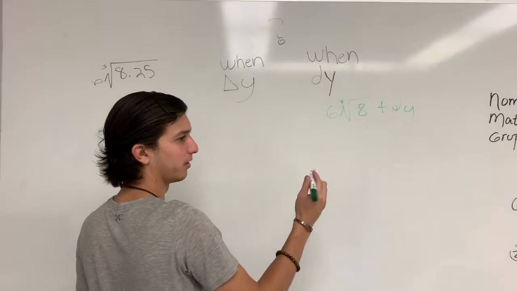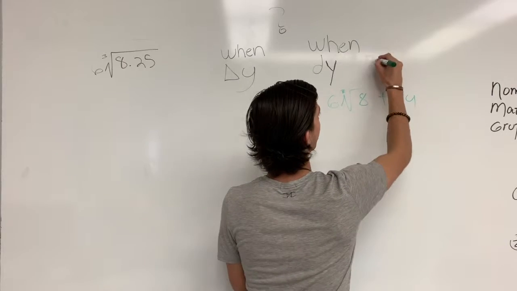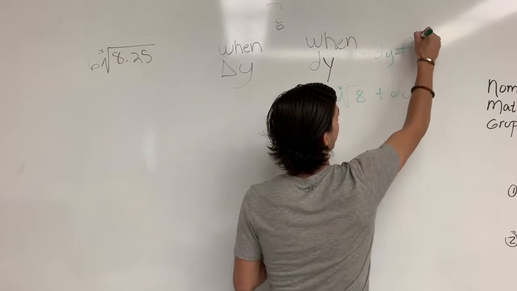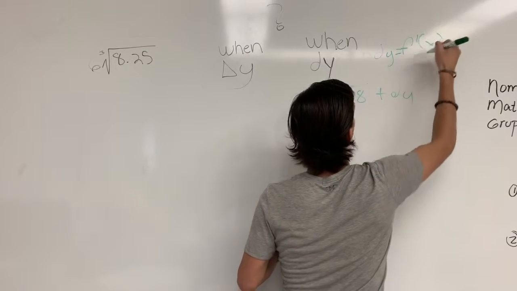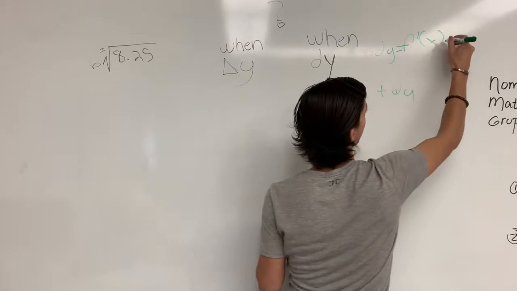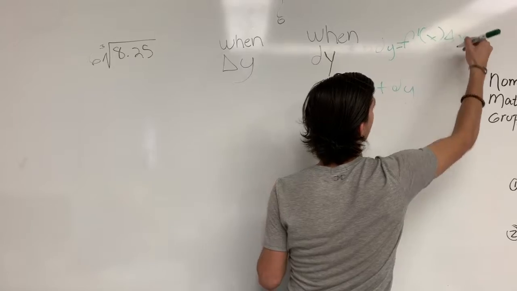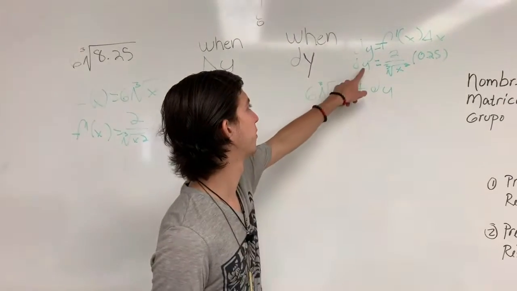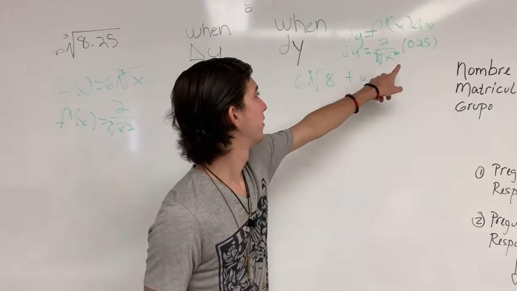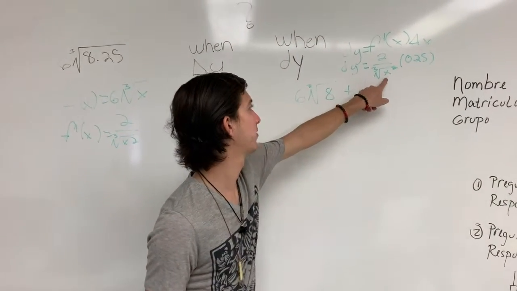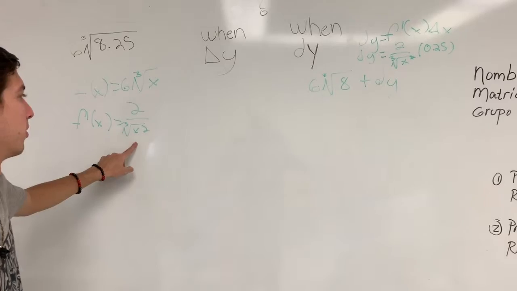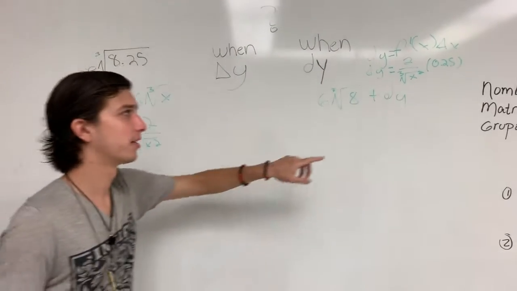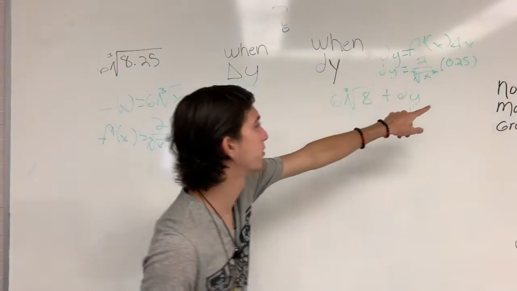To find the differential of y, it's the derivative of the function times delta x. So the differential of y equals f prime of x, which is 2 over the cubic root of x squared, times delta x, which is 0.5.